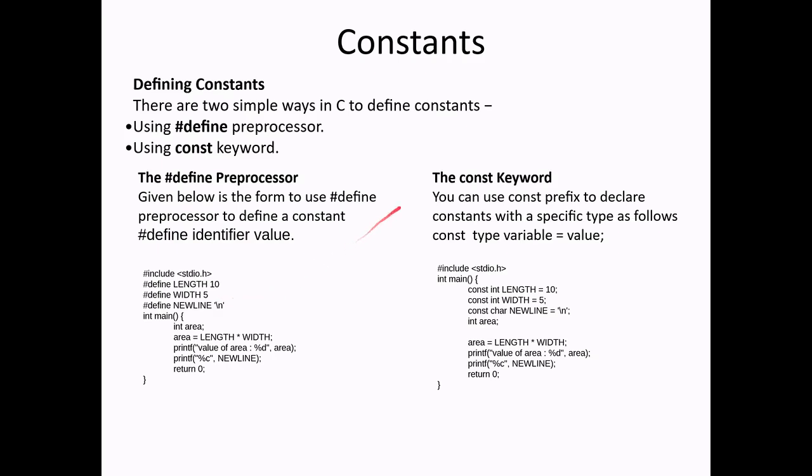On the other side of the coin, we have the const keyword. Consts can be of any type, but the key difference here is that the const variables are, well, variables. They have a specific location in memory. So this length here takes up 4 bytes in memory somewhere.